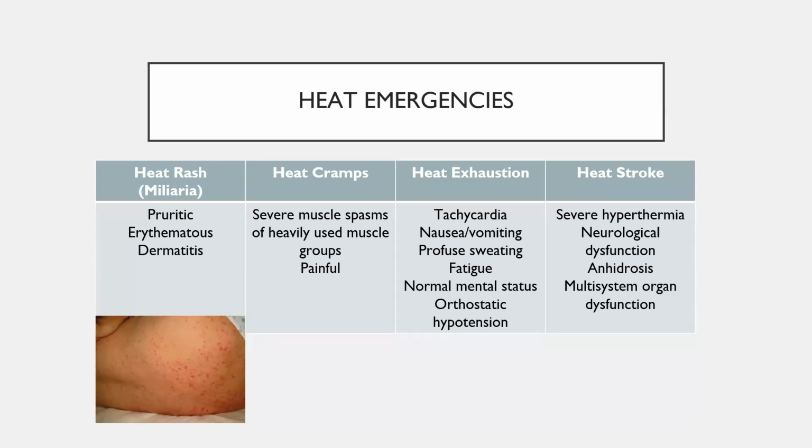But the important distinguishing factor between heat exhaustion and heat stroke is having a normal mental status. In heat stroke, they are going to have hyperthermia. Their temperature is going to be at least 103, but can go up to as high as 110. They'll have neurological dysfunction, and they may stop sweating.